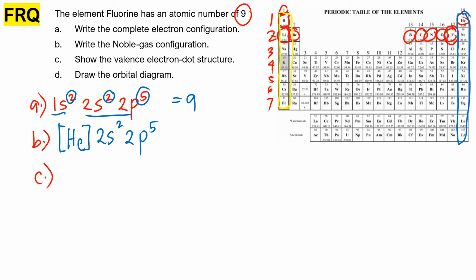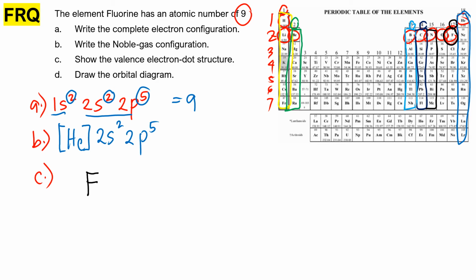Group number 2, all these elements contain 2 valence electrons. Group number 3 has 3 valence electrons. Group number 4, and so on. Group number 5, this one, nitrogen, and so on. Fluorine belongs to group number 7, or 17. So fluorine is there. Now we will just simply write F, which symbolizes our fluorine.